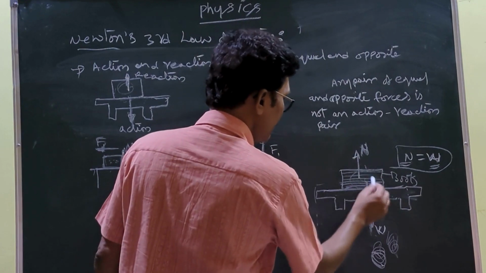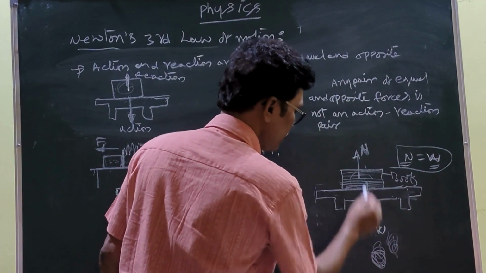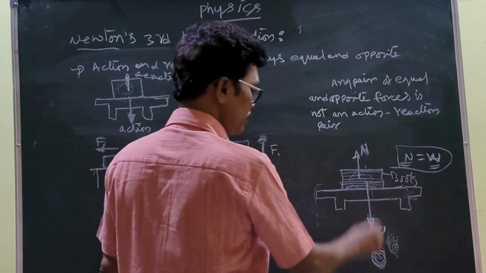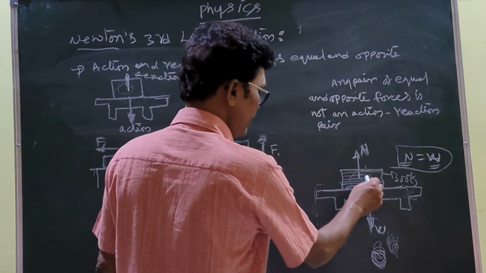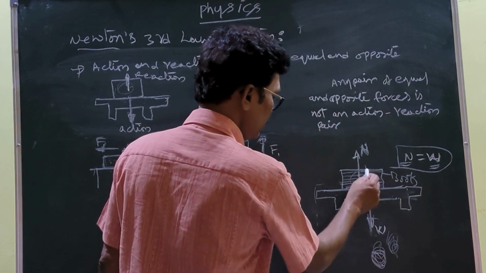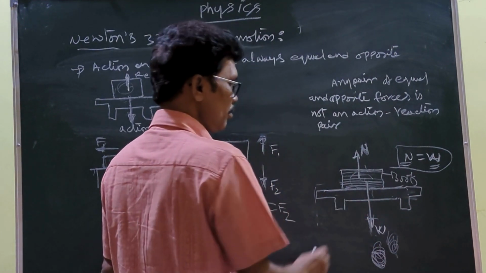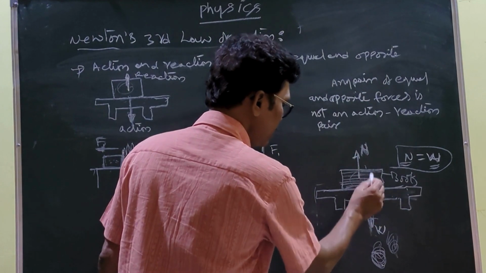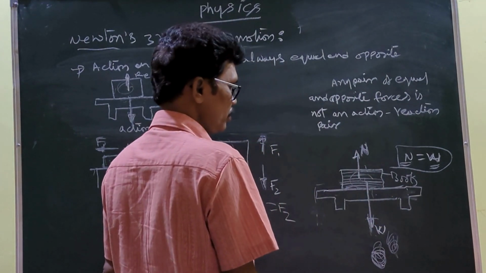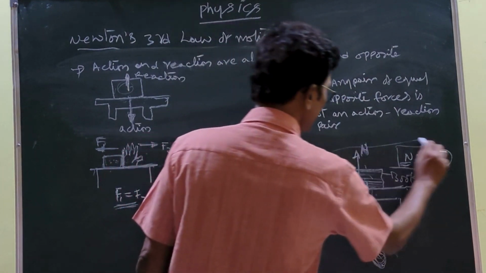This object is here, the earth is pulling, so there is no connection. Of course the weight is because of the earth, but between the earth and the book there is no direct interaction, whereas there is a connection between the table and the book. So the third law is not satisfied in this condition.